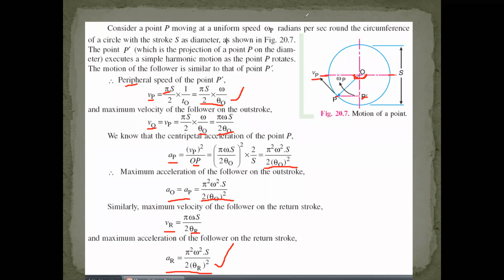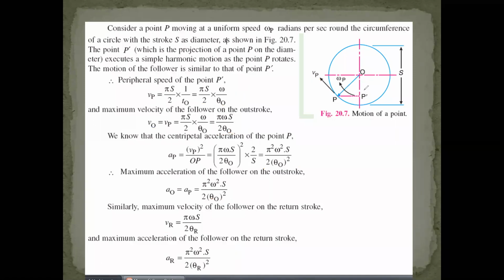Is it clear? Did you understand how to achieve the velocity and the accelerations? Now we are going to see the next derivation.